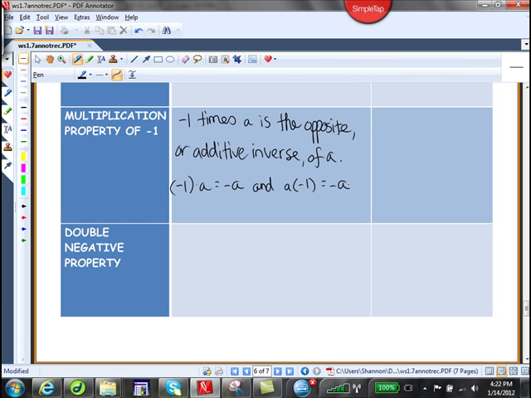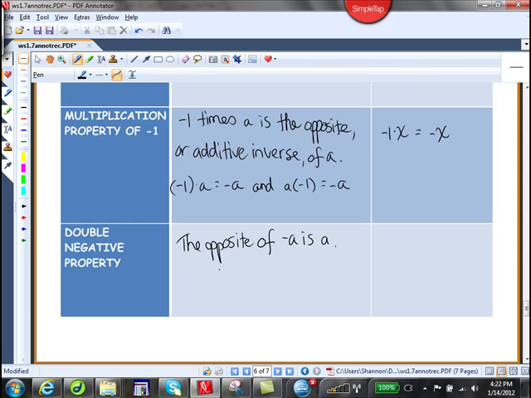So if I had negative 1 times x, I would get the opposite of x, negative x. Double negative property. The opposite of negative a is a.